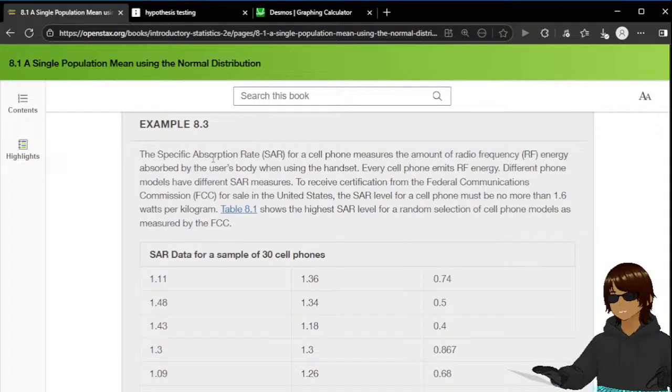The specific absorption rate for a cell phone measures the amount of radio frequency energy absorbed by the user's body when using the handset. Every cell phone emits RF energy.